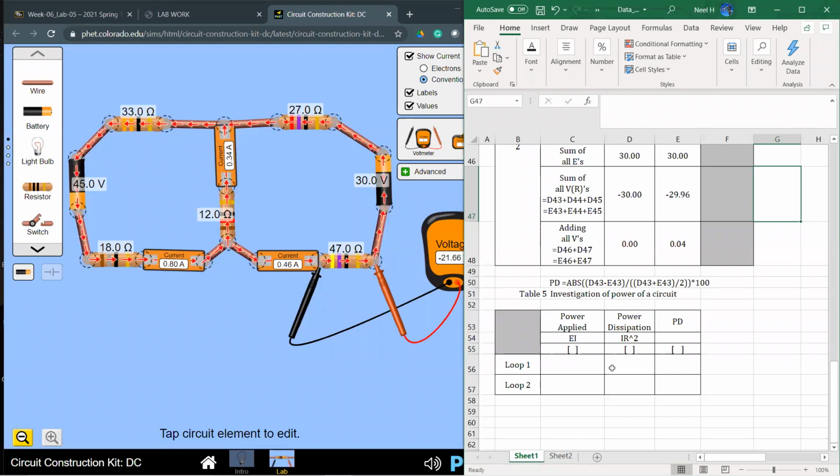Okay, then let's do that calculation. For the power applied for loop 1, we know the unit is going to be watt, that is joule per second, and power dissipation by using I squared R, okay? Let me check that. For the power, same unit, okay? Watt equals joule per second.